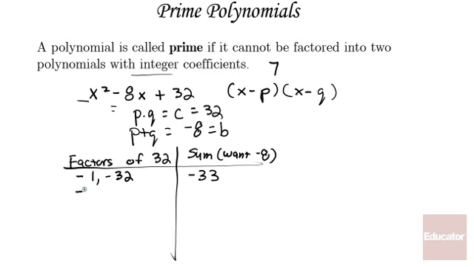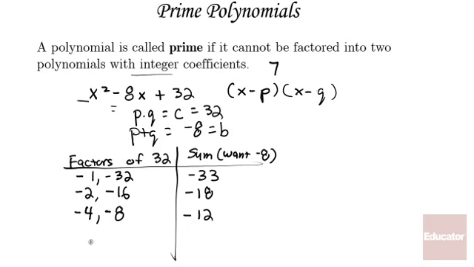Next, I could try negative 2 and negative 16, factors of 32 that are both negative. Their sum, negative 18, still no luck. Okay, now I'm going to try negative 4 and negative 8. Negative 4 times negative 8 is 32. Still no luck.